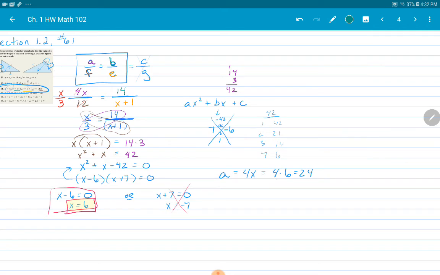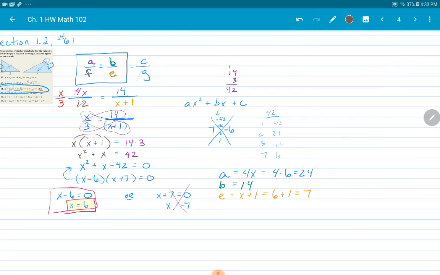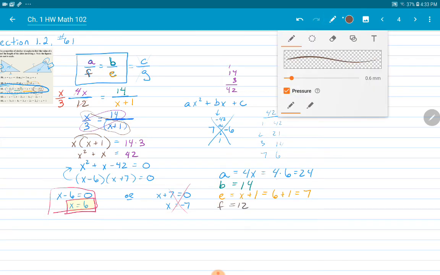They actually gave that one to us. B was 14, so that one's done. E was in orange. That's x plus 1. And for x we got 6, so that's 6 plus 1, which is 7. And F, they actually gave us, which was F is 12. So we are now done.